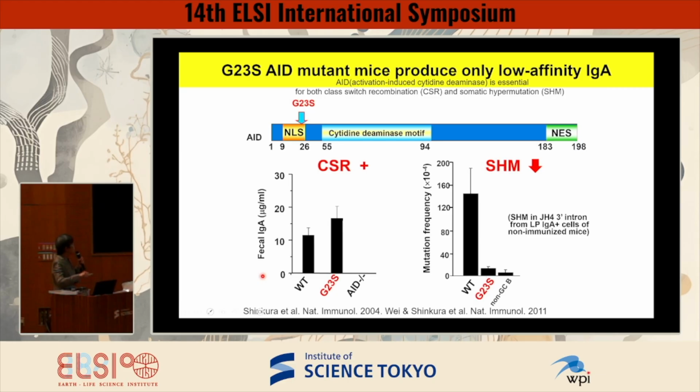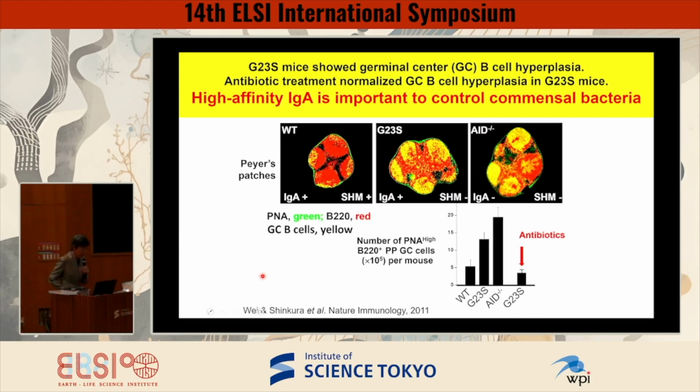But if we take the B cells from the intestine and sequence them, somatic hypermutation is severely down. So the G23S mice produce only low affinity IgA. And what will happen in these mice?